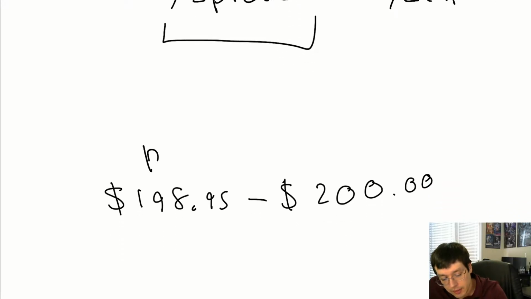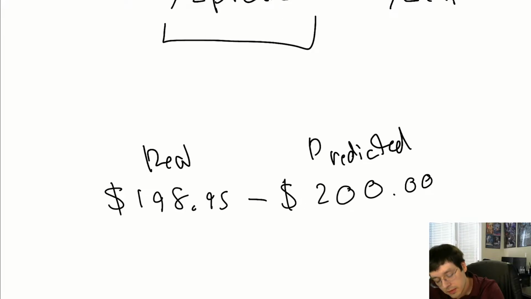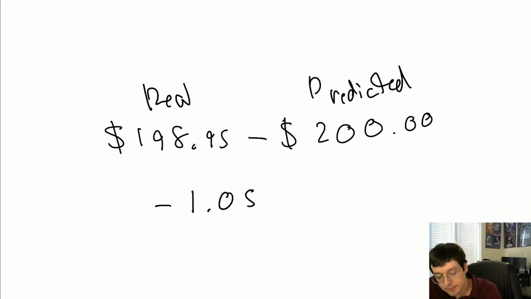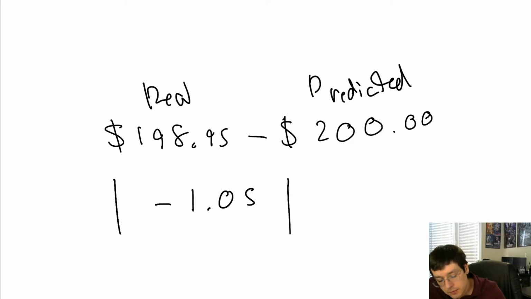But yeah, this is when you're working with your test data set. So you take the real value versus the predicted value, you subtract them, and in this case you get a negative 105, okay? What does this mean? If you take the absolute value of that, you can see that it doesn't matter if this is a positive or negative number.